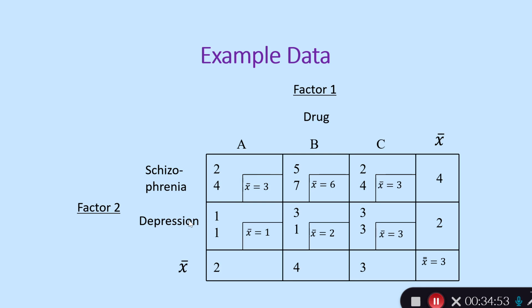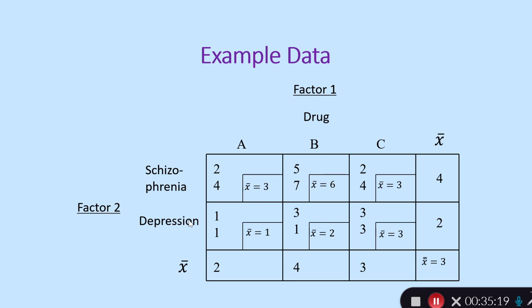So we've got a table with our two independent variables shown on there. Factor 1 is drug, Factor 2 is type of diagnosis for some sort of mental illness. So drug, there are three types of drug: drug A, drug B, drug C. And the diagnosis there is our participants are either schizophrenic or depressive.